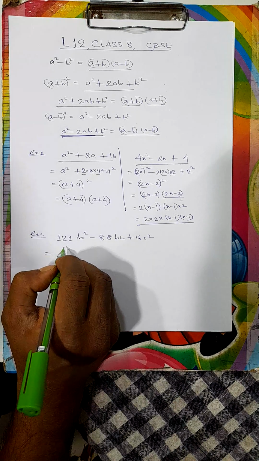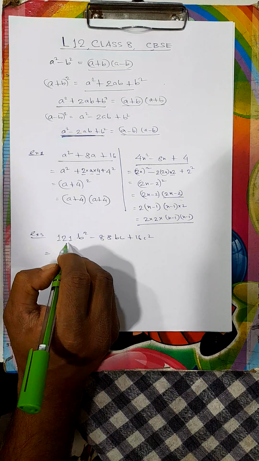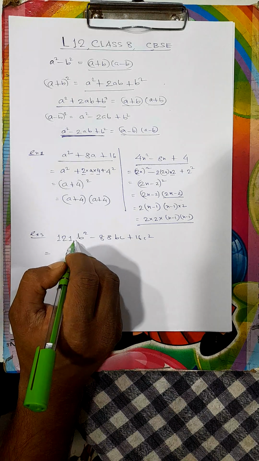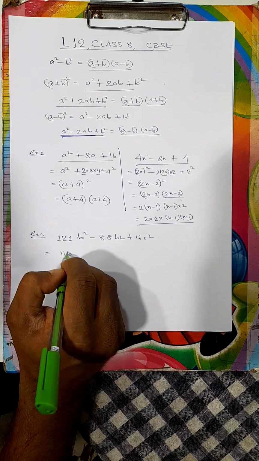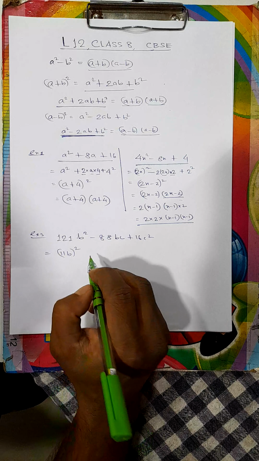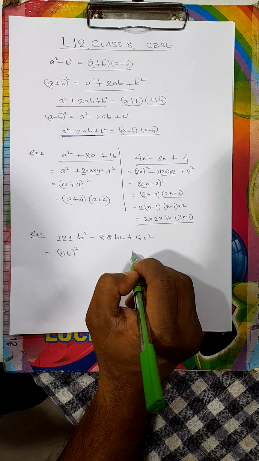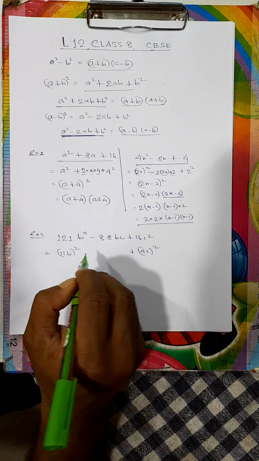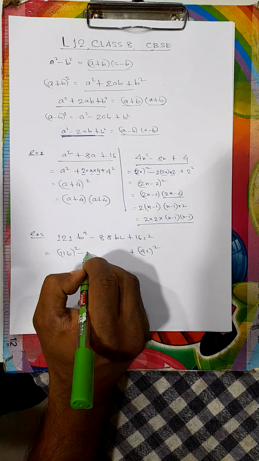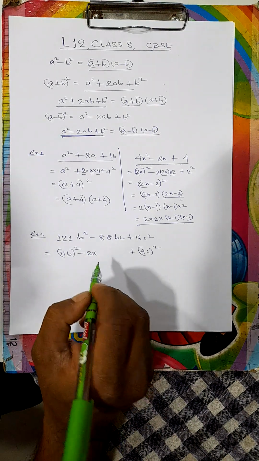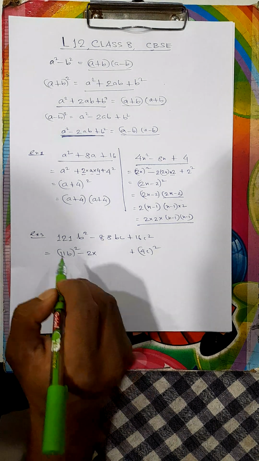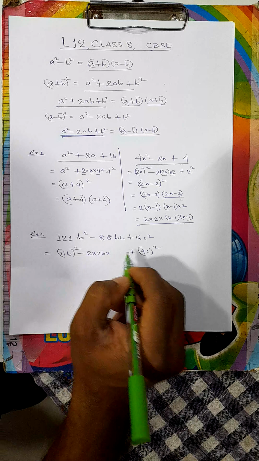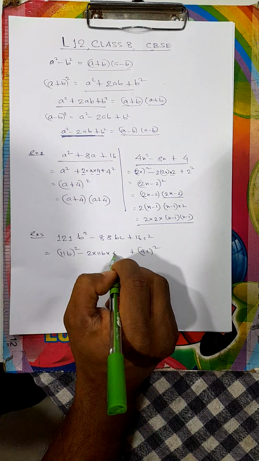You see 121 is a perfect square. 121 means 11 square, so 11 square b square means 11b whole square, right? The third term you can write as 4c whole square. The middle term should be twice of a multiplied by b. So twice of a, 11b, multiplied by b, 4c here.